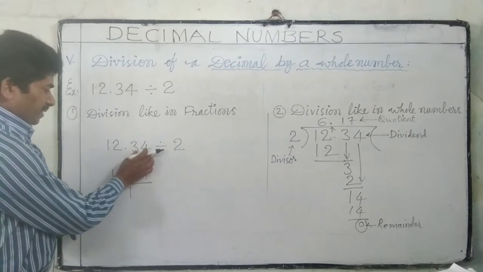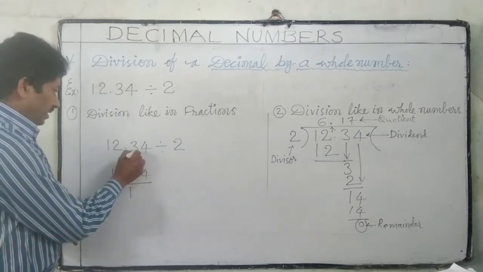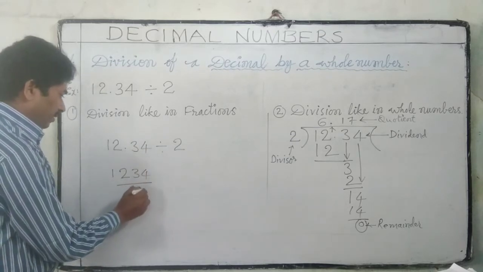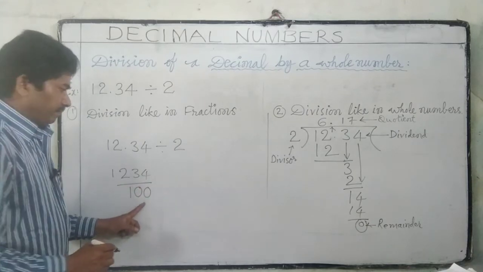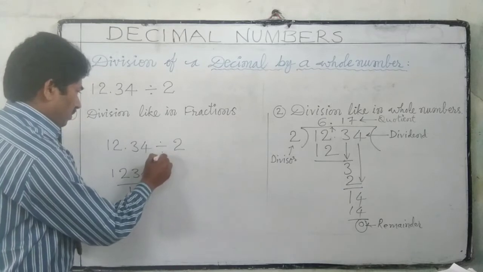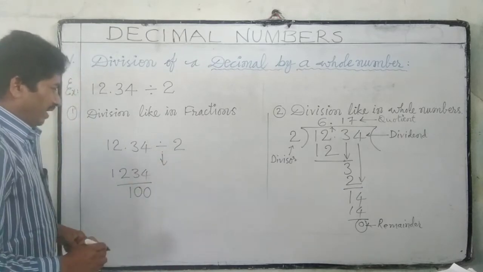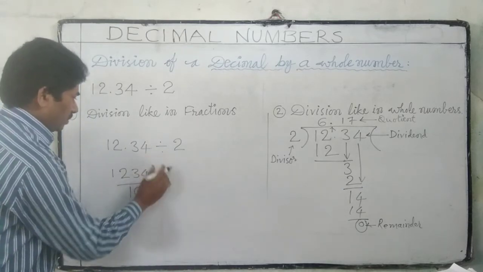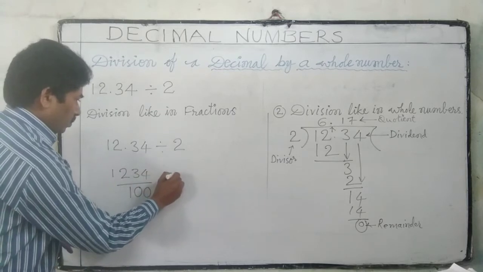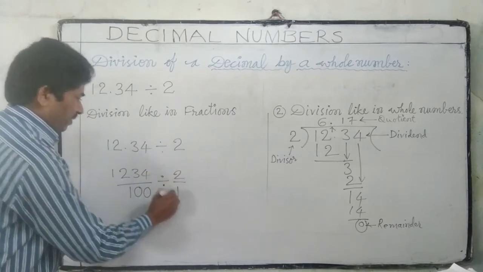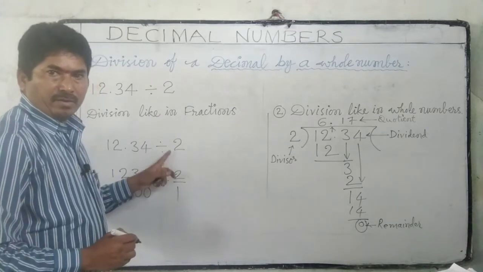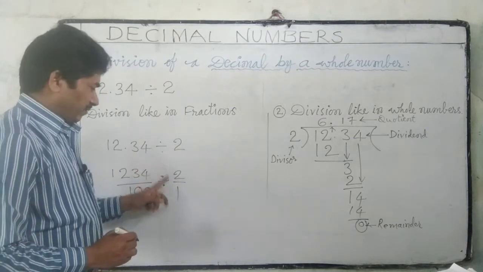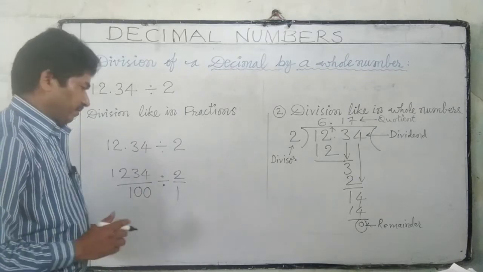How many decimal places are in that decimal number, that many zeros we have to keep after 1. To divide by 2, we have to make the whole number a fraction, 2 by 1.